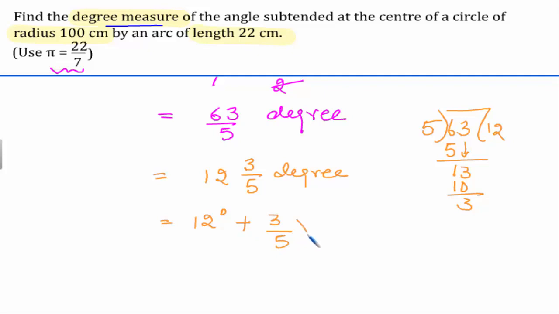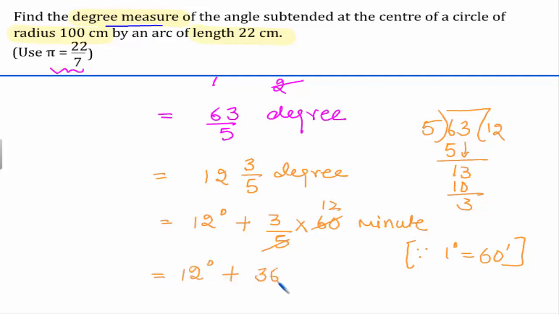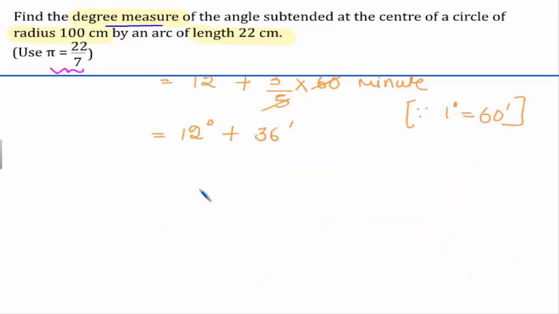which can be written as 12 degrees plus 3 upon 5 degree, and in 1 degree there are 60 minutes. So we have into 60 minutes, and this is because in 1 degree there are 60 minutes. Now 5 12s are 60. So we have 12 degrees plus 36 minutes, which is equal to 12 degree 36 minutes.